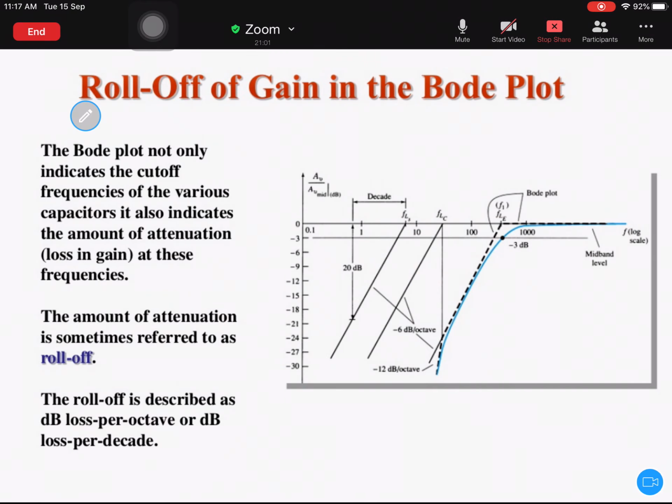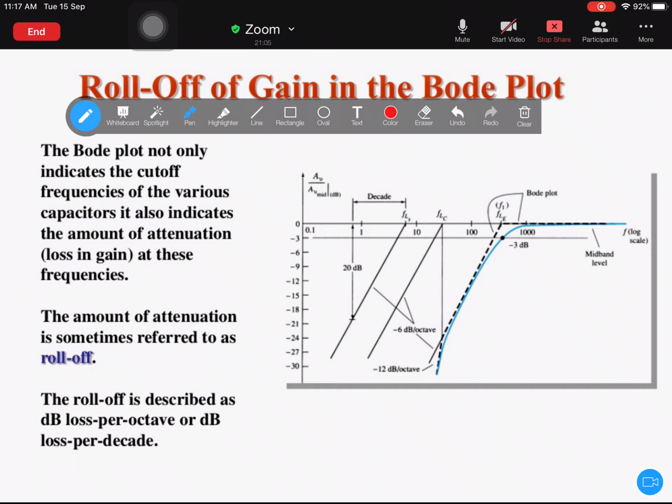Next, what is roll off? I also told you, roll off is a condition that shows the amount of attenuation, that is, the drop or loss of gain with respect to frequency below FL and above FH, that is, below the lower cutoff frequency and above the higher cutoff frequency.